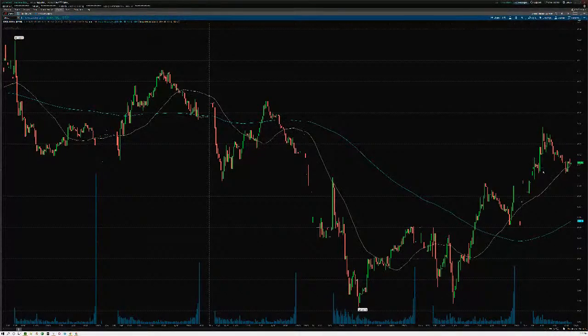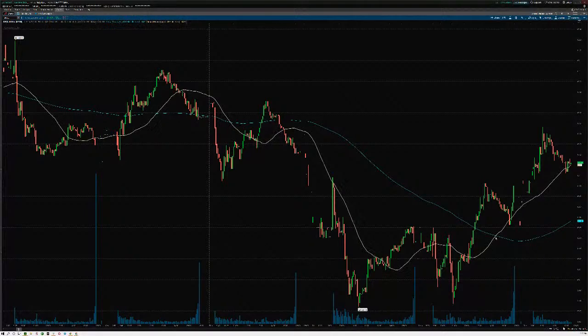You can see that a few days ago it was kind of choppy, and it pushed through the 50, moved down and moved down. This is a 5-minute chart, so it goes pretty fast. Once it moved down, it broke back up, and then moved back down.